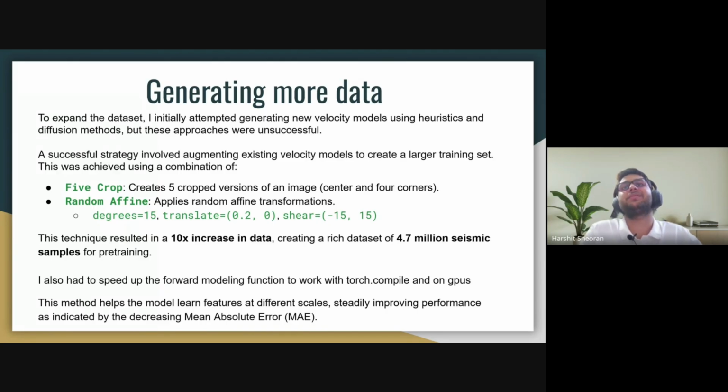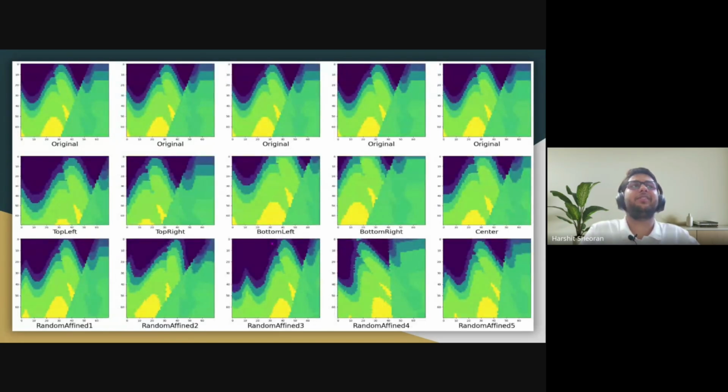So I ended up just augmenting the velocity parts. Over the 5 original samples, this is basically the cropping of this. We are cropping, and then this is the random flip. So we are adding augmentations basically on the velocity maps.